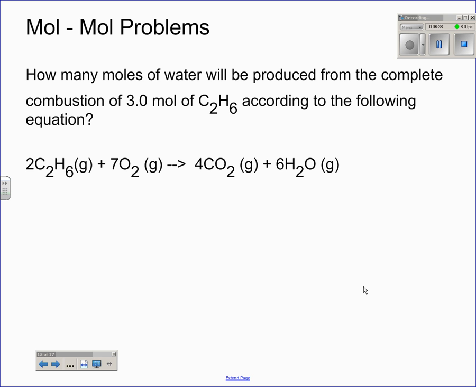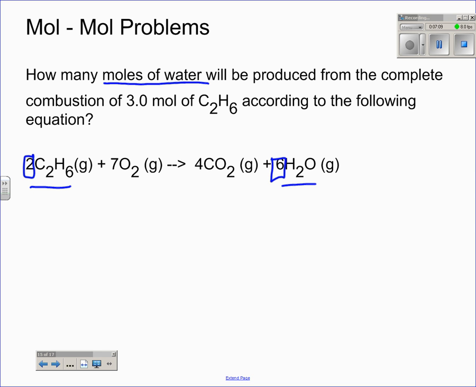Let me give you an example. So how many moles of water, so we're looking at water, so we look in the balanced equation, we see water here, will be produced from the complete combustion of 3.0 moles of C2H6, that's ethane, according to the following equation. Well, we learned that these coefficients in front of the compounds or elements in a balanced equation represent a mole ratio.